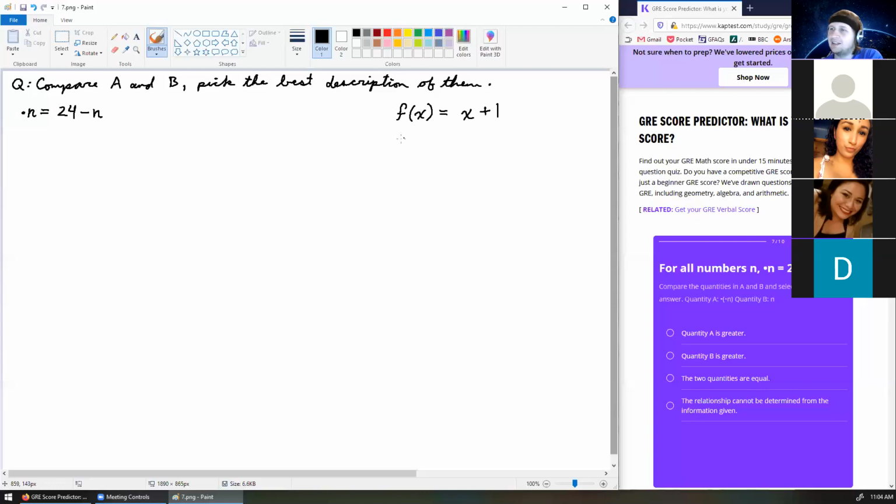Let's say something like this. I believe those are read f of x equals x plus 1. Mm-hmm. Yeah. Let's say.